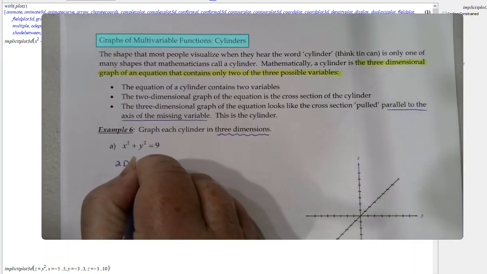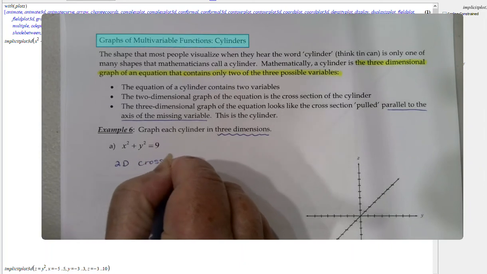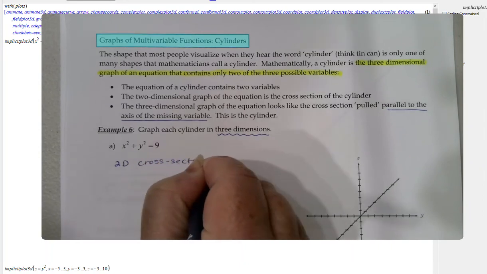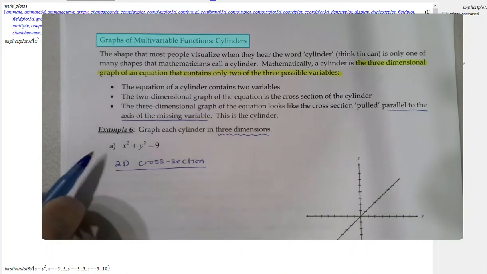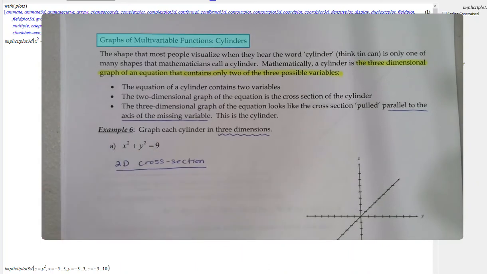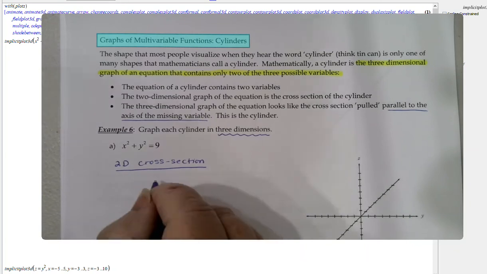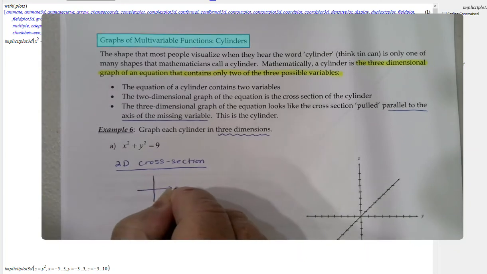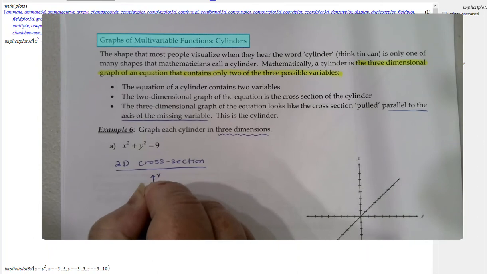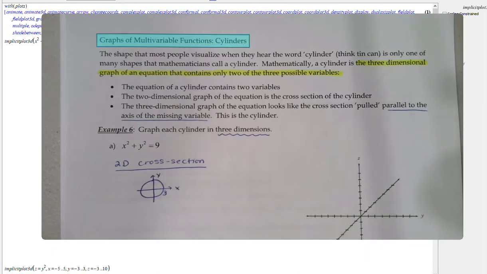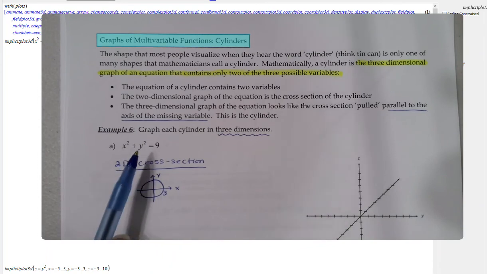The 2-dimensional cross-section here is just, you can see a circle of radius 3 in the xy plane. What I want to do now is graph that 3-dimensionally, and then I'm going to pull it in the direction of the z-axis, because z is our missing variable.